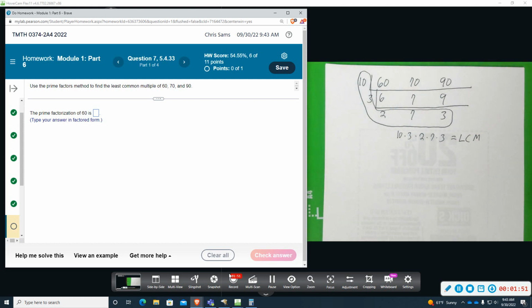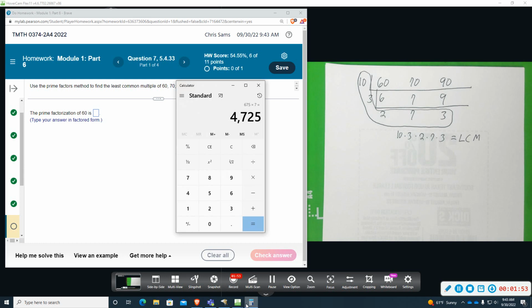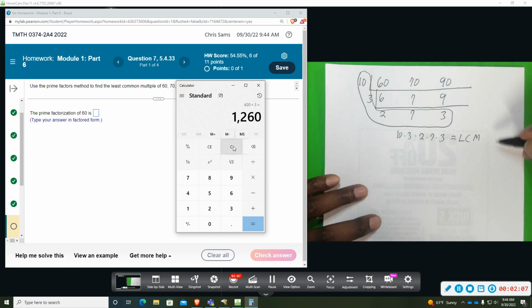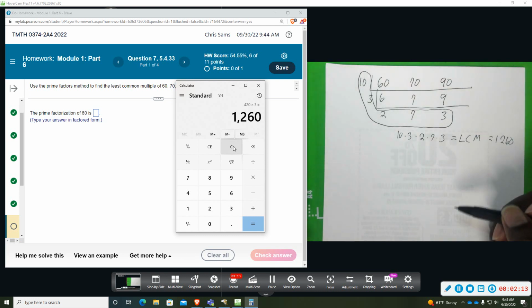So let's multiply those and see what we get, and then we'll do the prime factorization method, which is what they're asking for. If I do 10 times 3 times 2 times 7 times 3, we get 1,260. So we'll come back to that in just a minute.